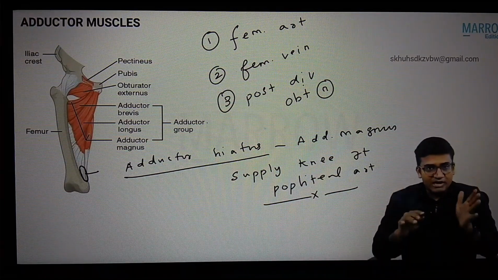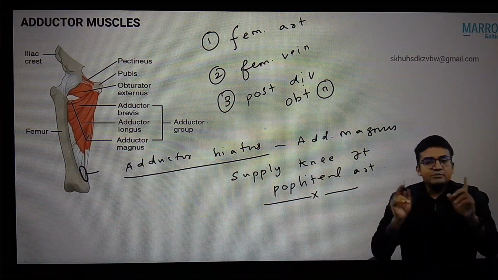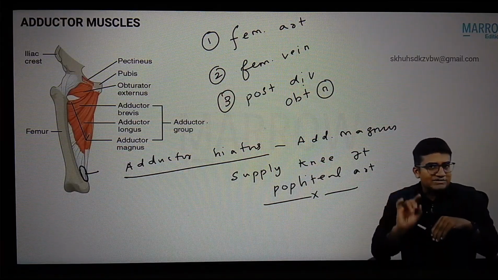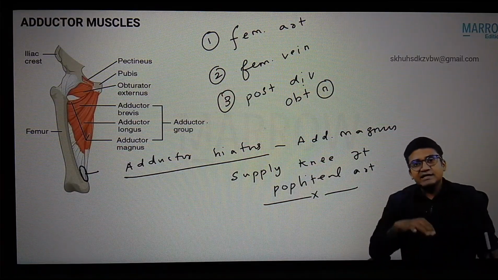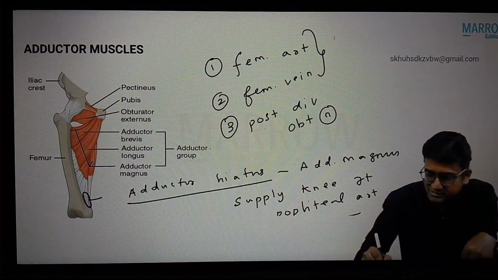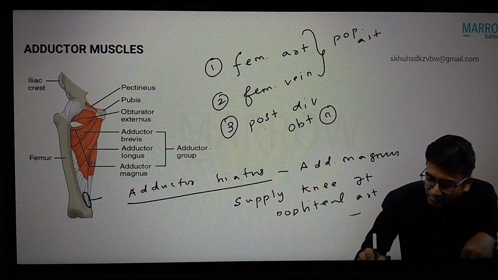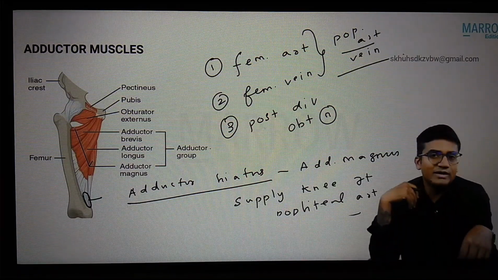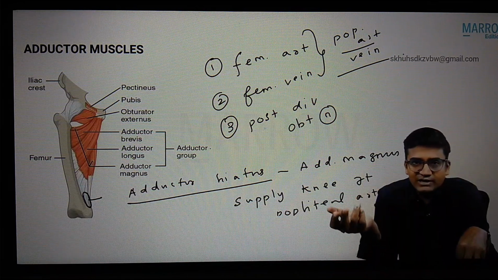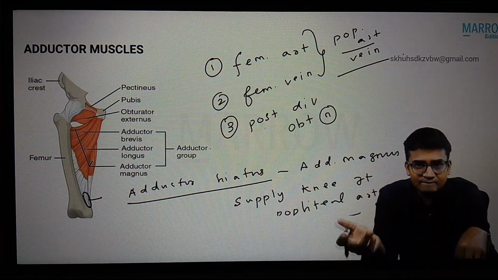What are those? Femoral artery, femoral vein, and the posterior division of the obturator nerve. The femoral artery and femoral vein pass through the adductor hiatus and reach the back of the knee joint, and they in turn continue as the popliteal artery and popliteal vein. And the posterior division of the obturator nerve reaches the back of the knee joint and supplies the knee joint and the popliteal artery.